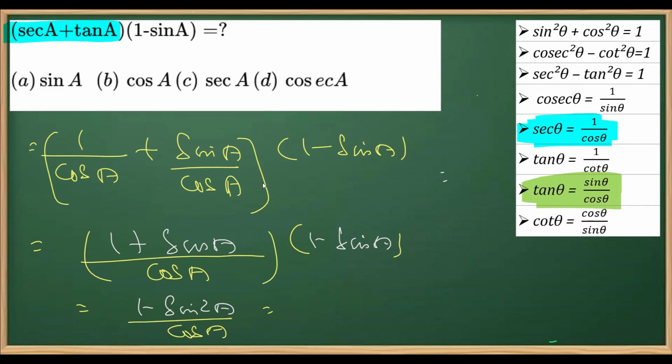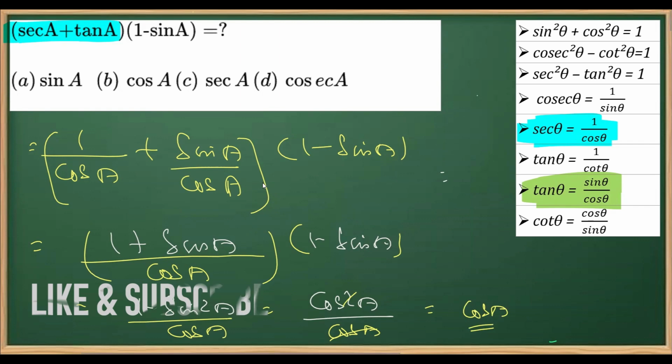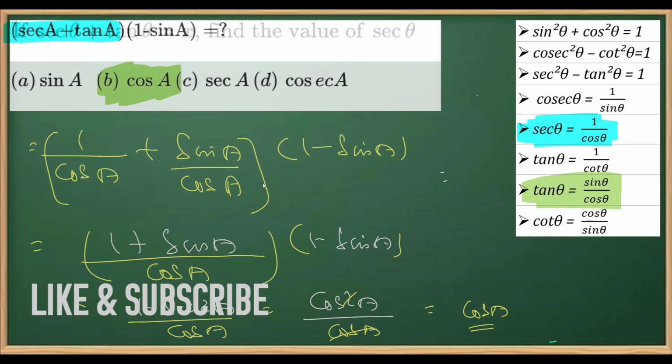That is cos². So this is cos²A divided by cos A. We have a square, so this gets cancelled and we get cos A as the RHS. So the correct option will be B here.